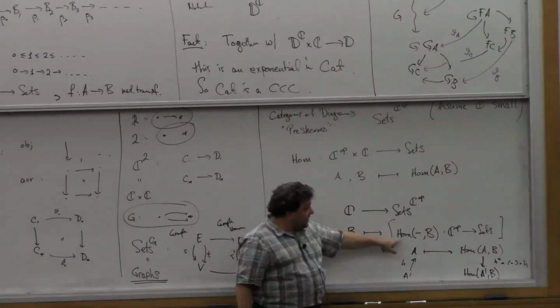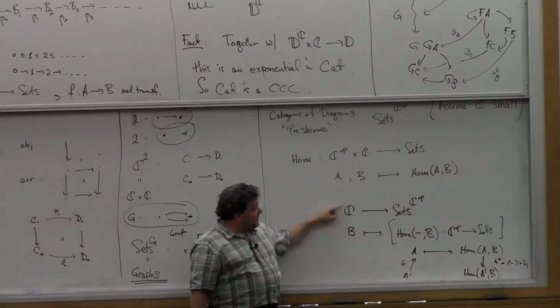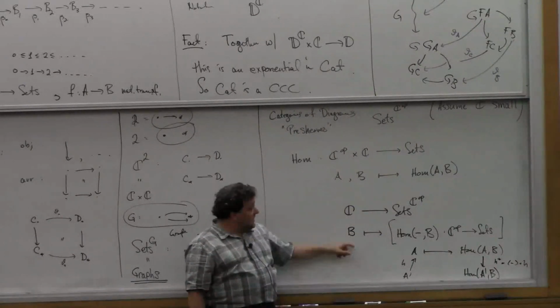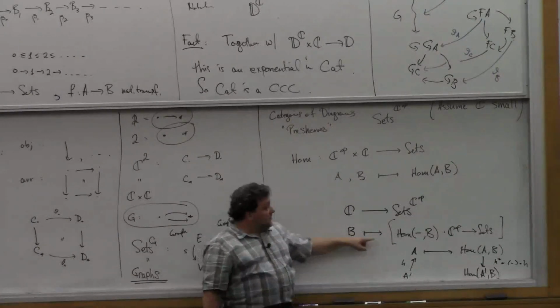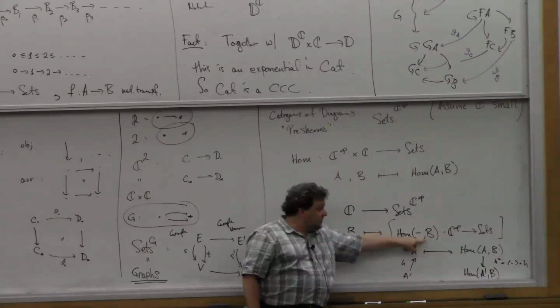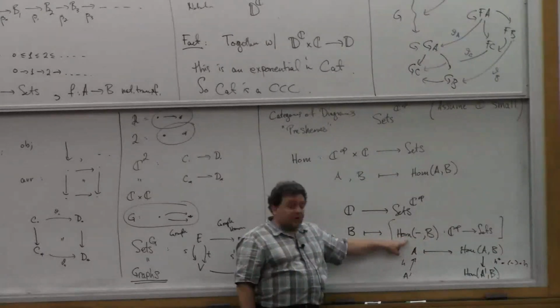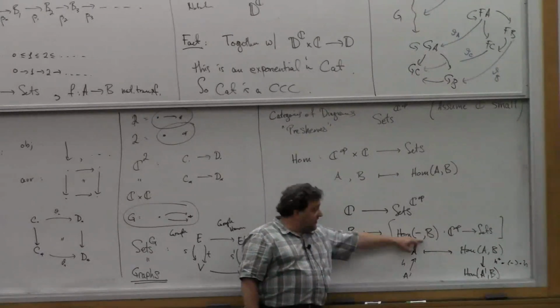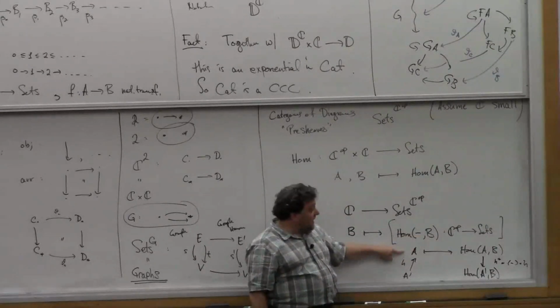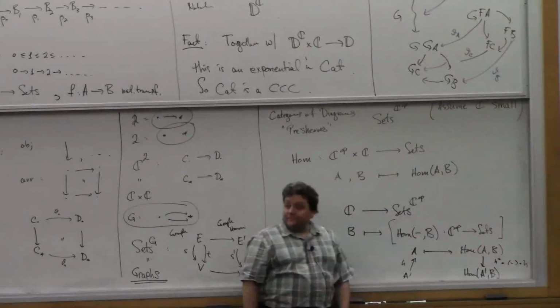I have a functor here. So I have transposed this functor to give me a functor from here into there. Okay? It takes an object B to this representable functor. And the representable functor, right, this Hom functor that we talked about before, works like this. It takes an object A in C to the set of all maps from A into B. Okay?